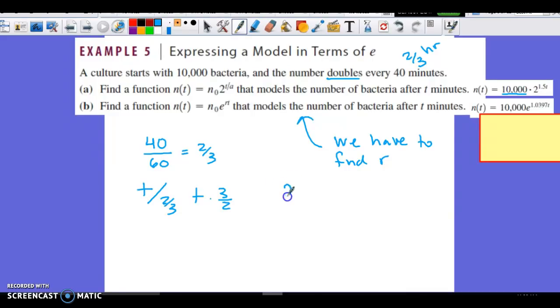So in order to find the rate, we're going to take 20,000 and set that equal to 10,000 times e to the R times 2/3. And we know what our time is, but we don't know what the rate is. So what we're going to do is use our algebra skills to solve. So we're going to divide both sides by 10,000.